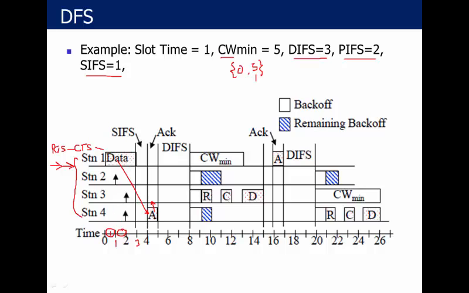So at time 3, station 1 completes the data send. And then wait SIFS. SIFS is 1 time slot, so wait 1. And then acknowledge.